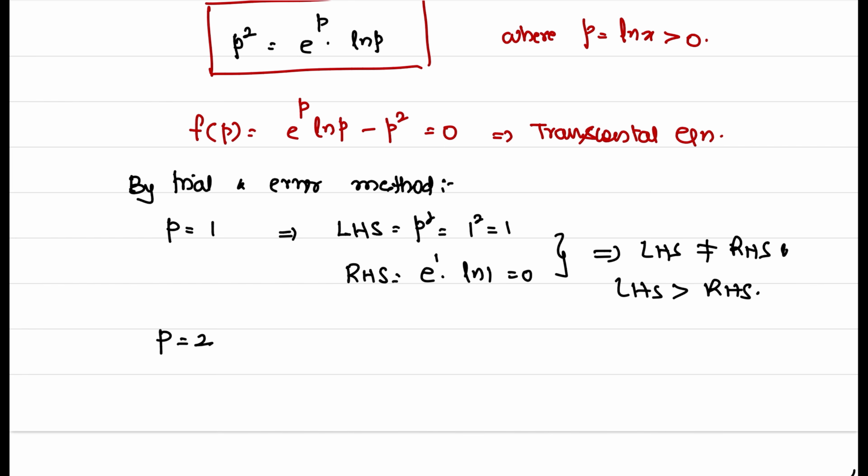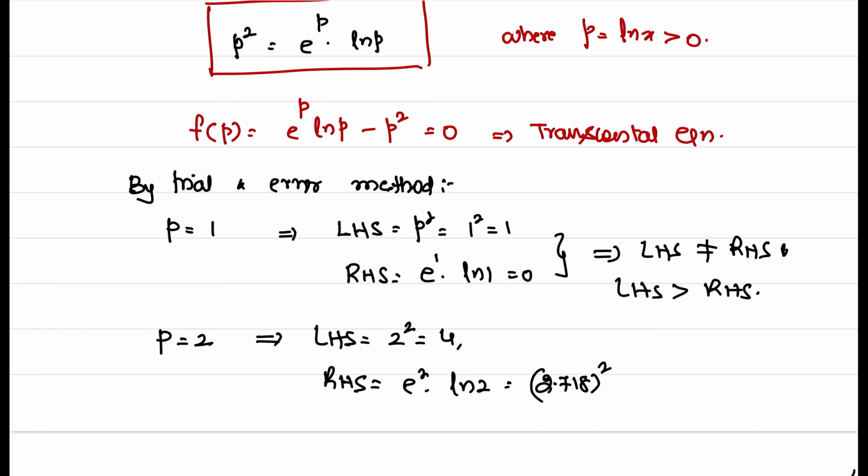Then P is equal to 2. Left hand side is equal to 2 square, that is equal to 4. Right hand side is equal to e square into ln 2, that is equal to 2.718 whole square. This you can easily find out. ln 2 is 0.691693, which you very well know.